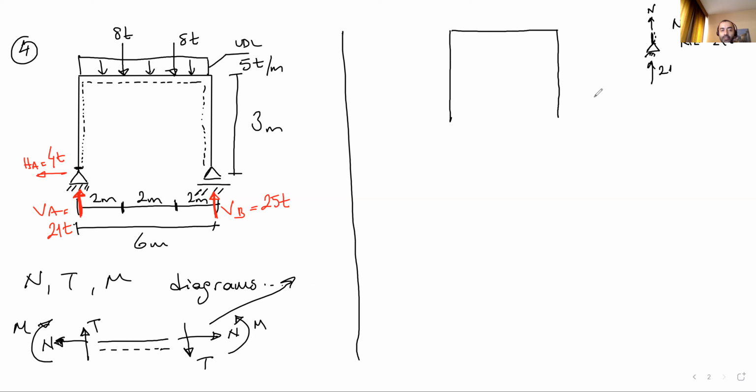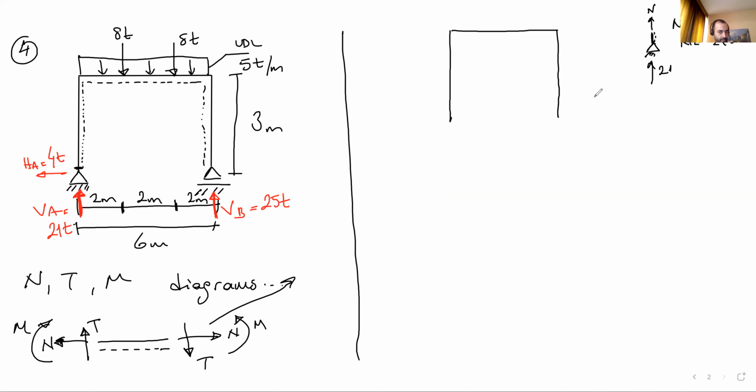Actually, you can decide it's 21 by just looking at this structural system, but be careful. It's minus 21. There is a real big difference between positive 21 and negative 21, because a positive axial force means tension, and a negative value means compression.